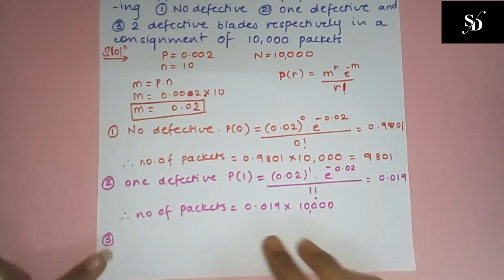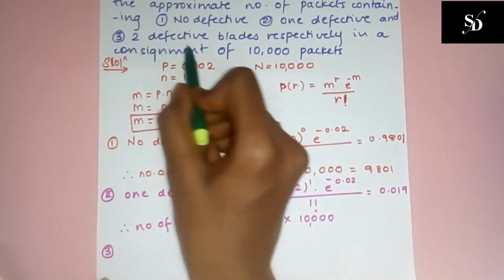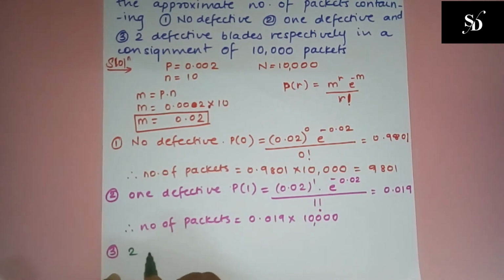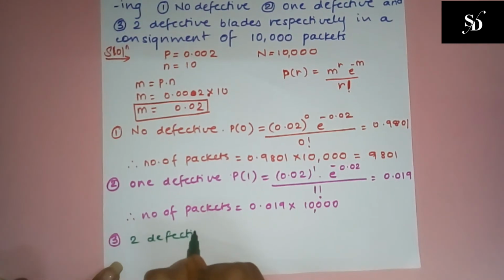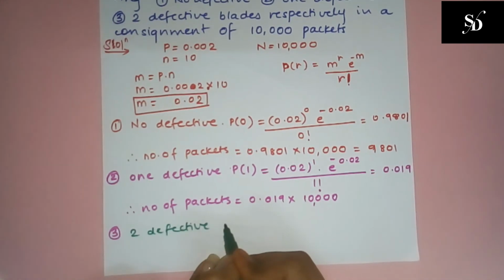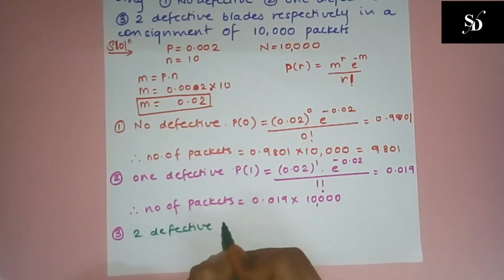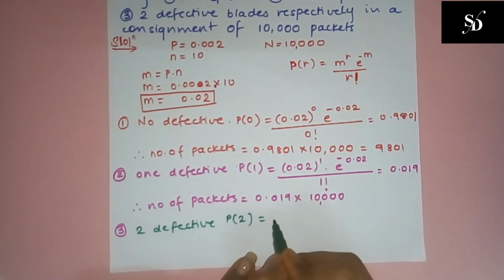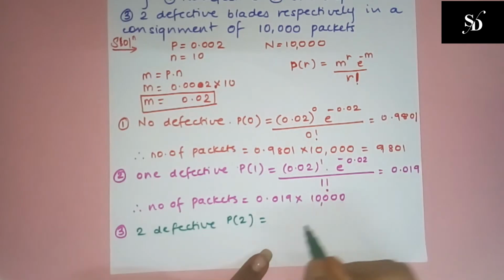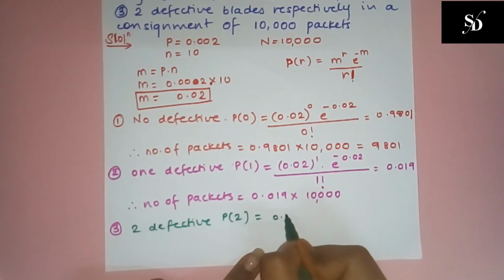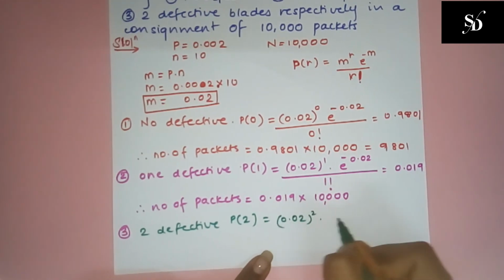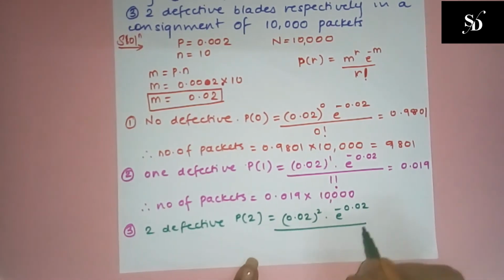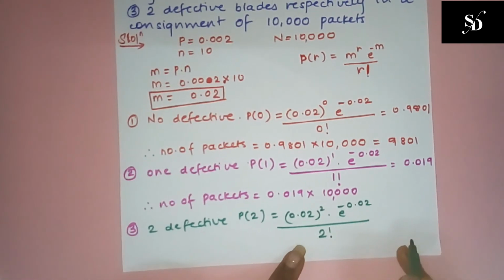Now the third question, they are telling over here 2 defective blades. We have done for 0 and 1, now we have to do for 2. When it is 2 defective, then it will be P of 2 is equal to, and we have to do the same as above. We put these values in the formula: 0.02 raised to 2 into e raised to minus 0.02 upon 2 factorial.